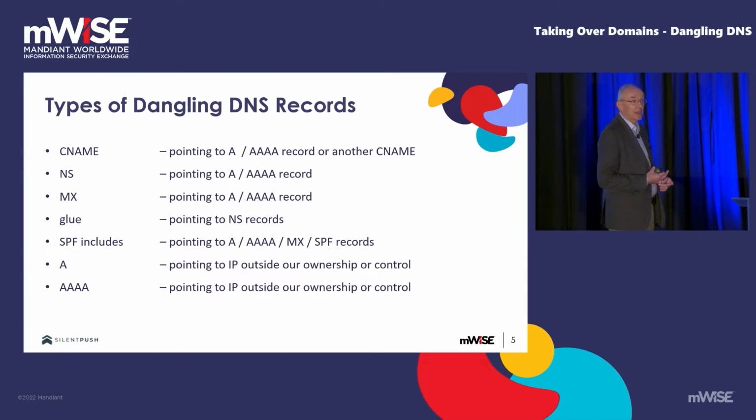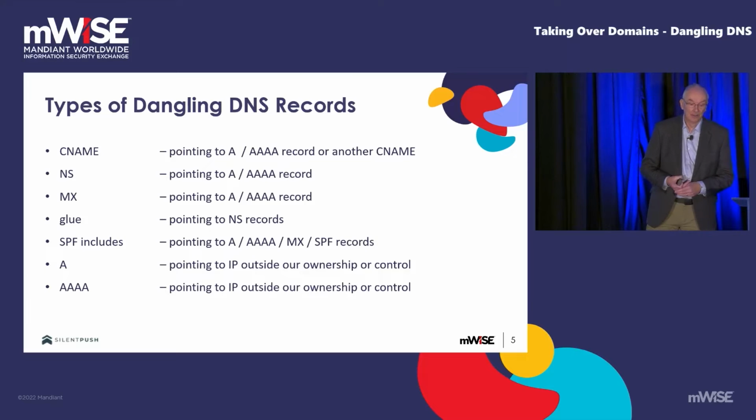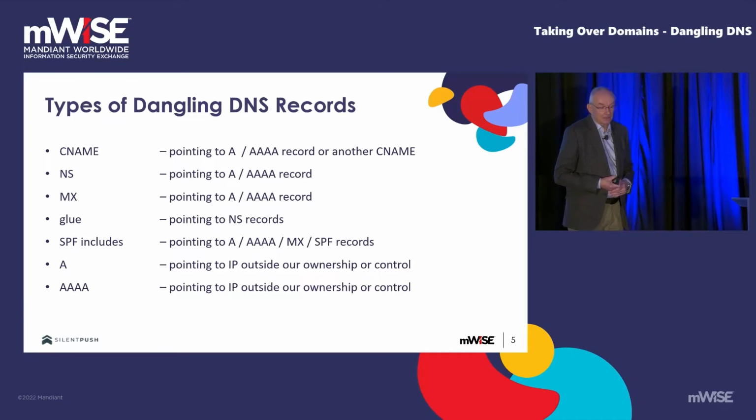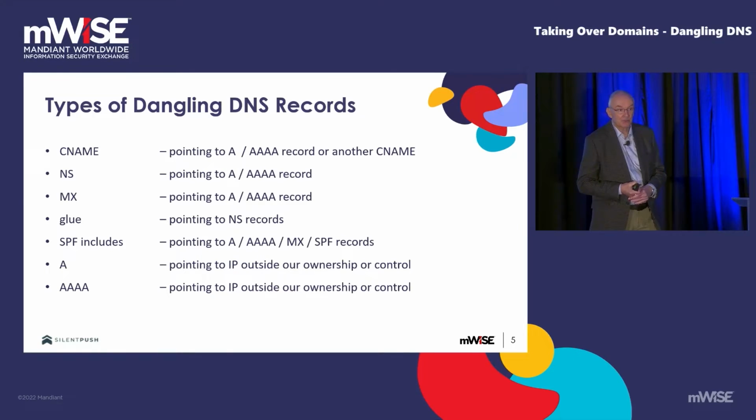When you register a domain, you have to also provide name servers for it at the registration step. But you're not always required to actually set up your domain on those name servers. So that means that the information on the registrar side and the actual fact in the rest of the world could become out of sync. And so there's an opportunity to take over some of those as well when this information doesn't match.